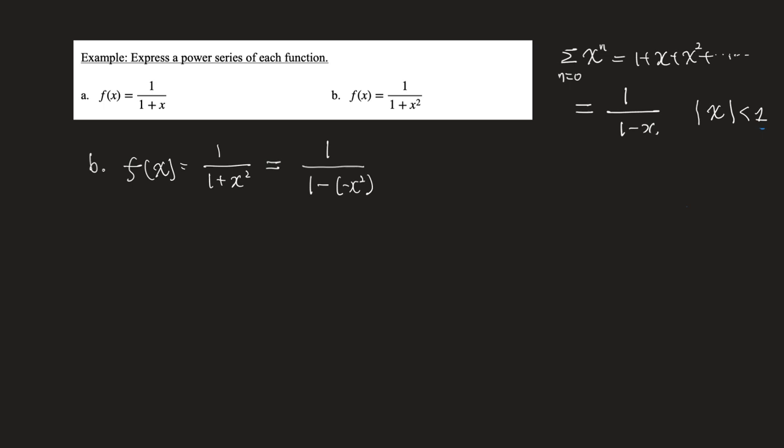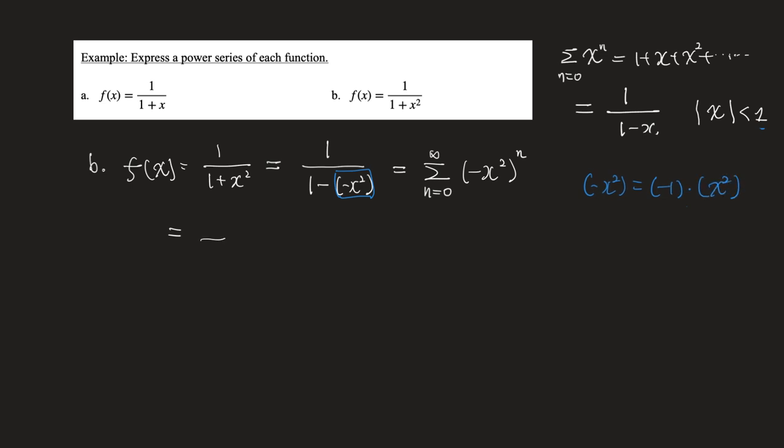This time, what are you going to replace x with? Negative x squared, right? So we're going to do summation n equals 0 to infinity, negative x squared to the n. That's what you replace. So what happens here? We practiced this in the previous one. Negative x squared is negative 1 times x squared.